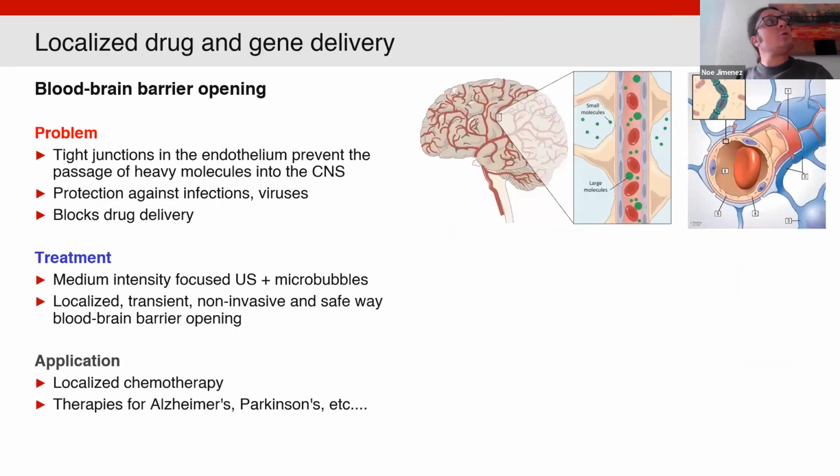This is also what I showed you, applications of raising the temperature, thermal effects, but if you use mechanical effects, you can also develop interesting applications for the brain.